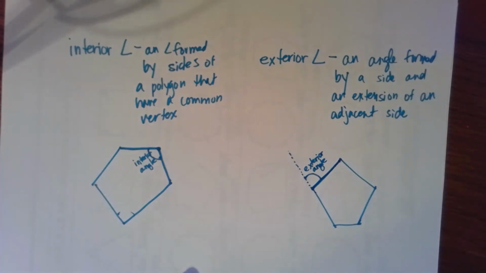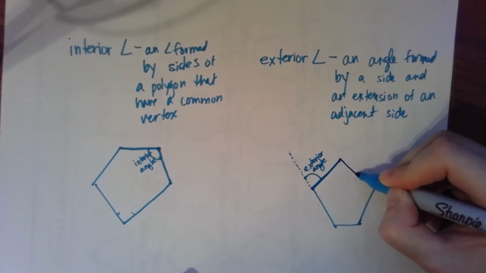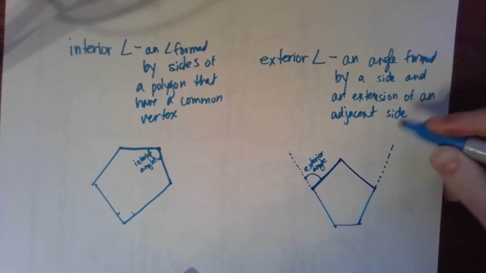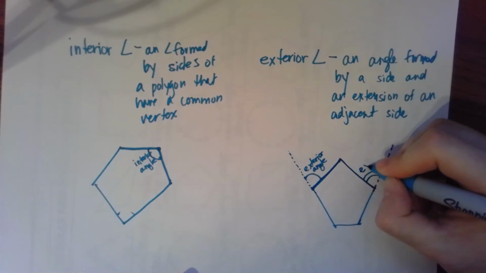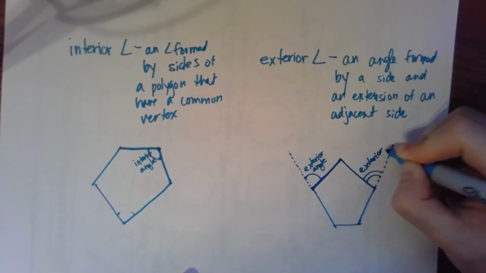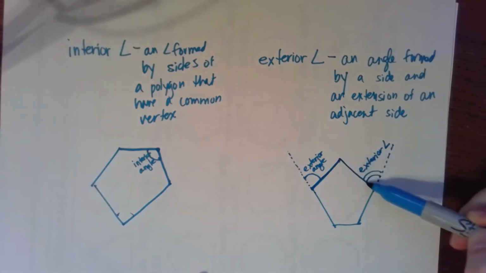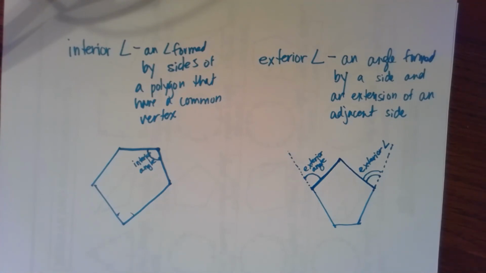Okay, so let's try another one. So let's say I've got this side right here, and I could extend this out this way, and this angle right here would be an exterior angle. Okay, so it's made with the side and an extension of an adjacent side. So those are exterior angles.